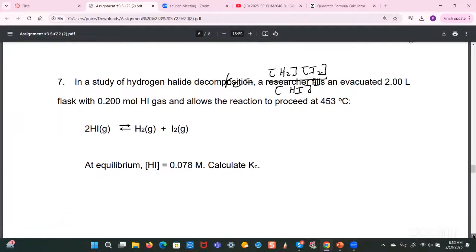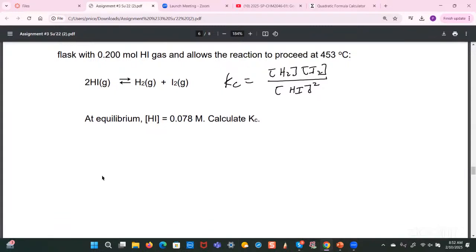So the first thing that would come to my mind with a question like this is the ICE table: initial, change, and equilibrium. So I'm going to rewrite this equation and set up the ICE table underneath it.